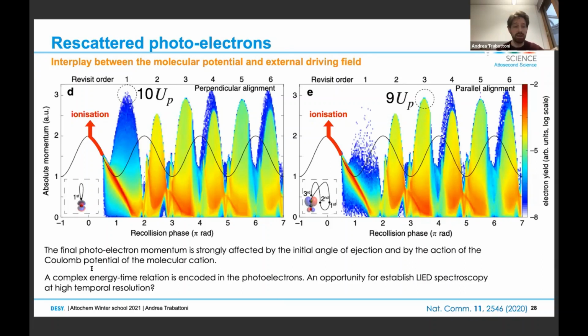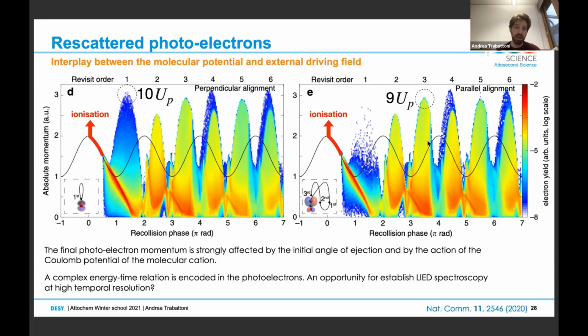And due to this fact, a complex energy-time relation is encoded in the photoelectrons, because while in this case the electron is rescattering after less than one optical cycle, at the first revisit, so let's say after 3 or 4 femtoseconds, here for parallel alignment the electron is rescattering much later.